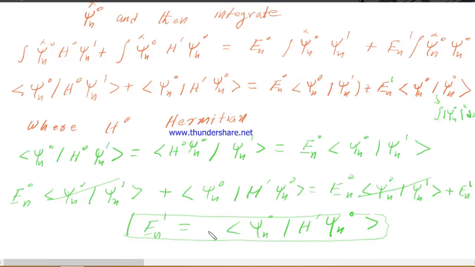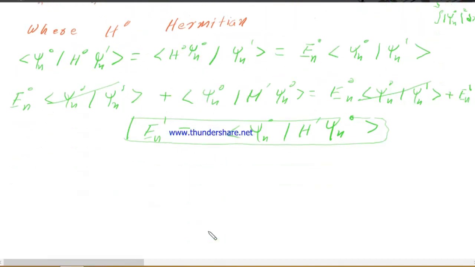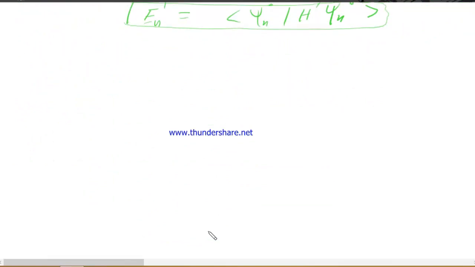Okay. Now we can take example number 1, and in this example we will consider the unperturbed wave functions of the infinite square well.